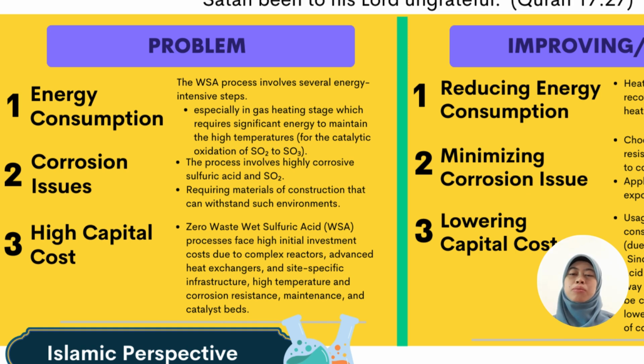The second problem is corrosion issues. The process involves highly corrosive sulfuric acid and sulfur dioxide. This means that any equipment that comes into contact with the acid is at risk of severe damage. Therefore, this process requires materials of construction that can withstand the corrosive environments.